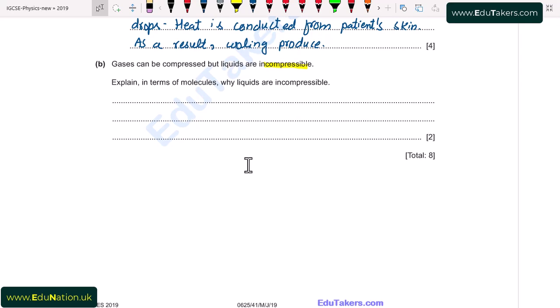So I write here, in liquid, molecules are touching and there is no space between them.